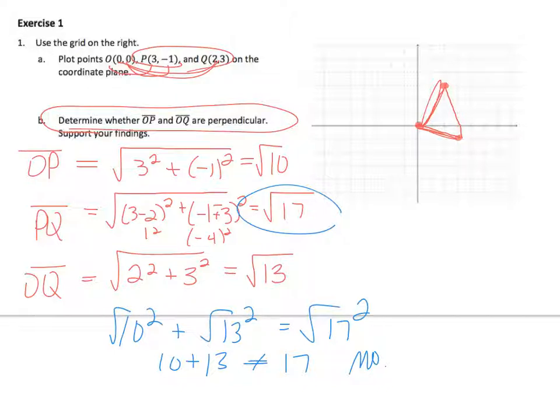They can't be perpendicular because triangle OPQ isn't a right triangle. Angle QOP is not a right angle. Therefore, those two sides are not perpendicular. You could have also figured out the slope of QO and the slope of PO to see if they're opposite reciprocals of each other, but we did it by distance formula.